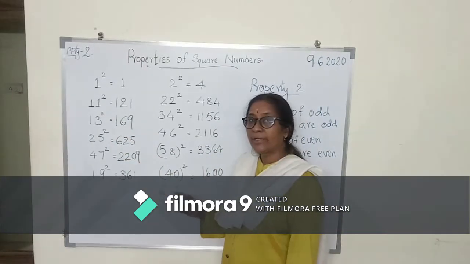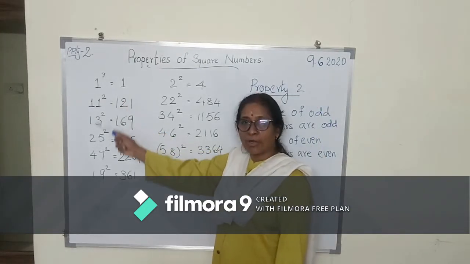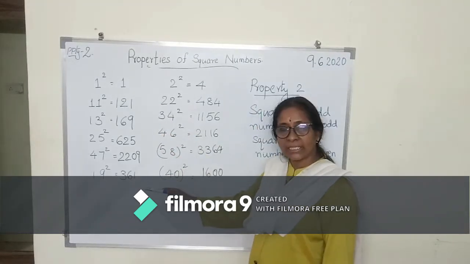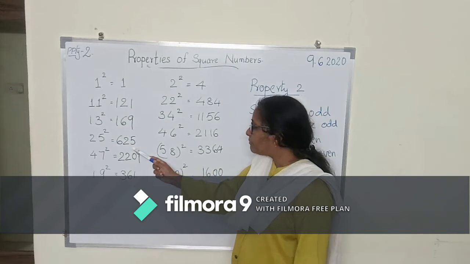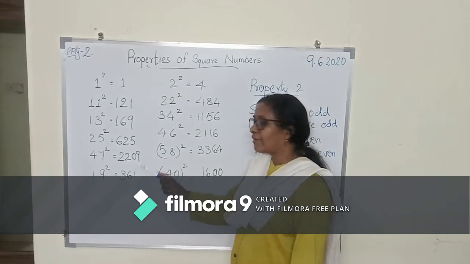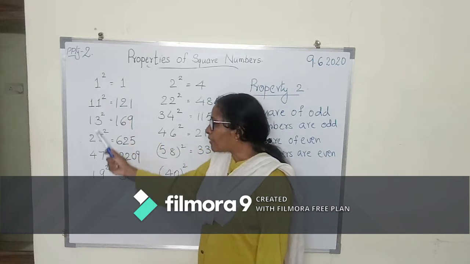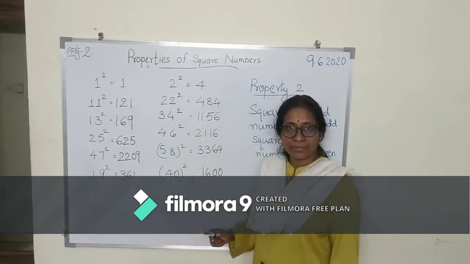They are called odd numbers. If you find the square of odd numbers, you just see their unit place. Here you have 1, 9, 5, 9, 1. That means the squares of odd numbers are also odd numbers.